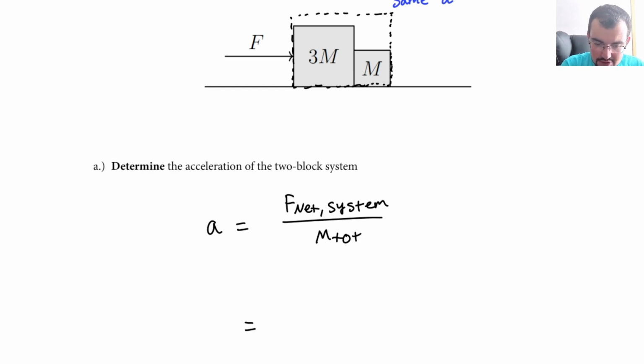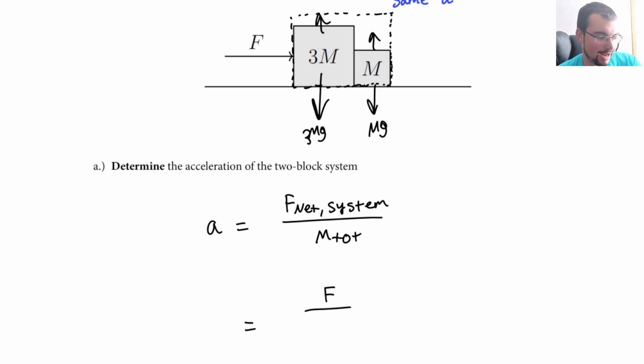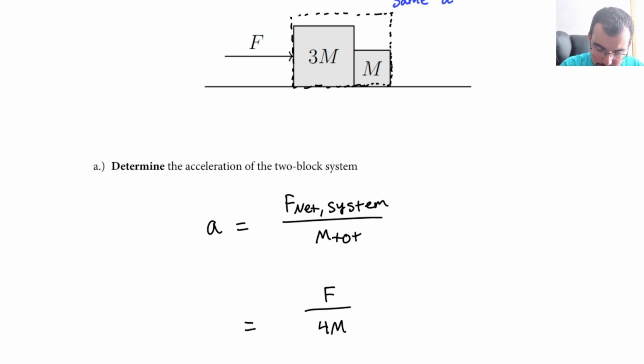So in this case, I have a force F that is the only unbalanced force from outside. So of course there are some 3mg and an mg and then a normal force and a normal force. Those aren't unbalanced, so I'm not including them in the net force. And then what's the total mass of the system? Well, I have 3m and 1m, so 4m. So that would be my acceleration.